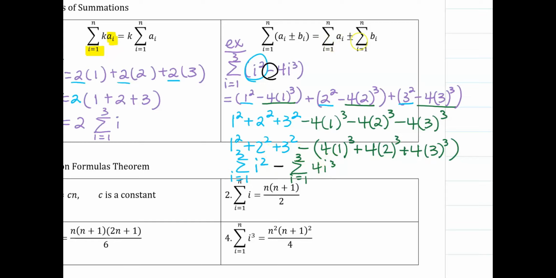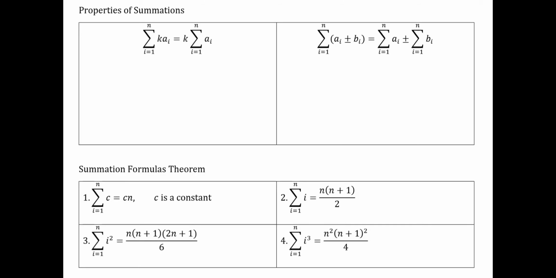And so we were able to break this apart into the difference of 2 separate summations. So if we had a plus sign here in the middle to start with, we would have had a plus sign here, but because we had a subtraction sign, we have a subtraction sign there. So if this is plus, that is plus, and vice versa. If that's minus, then that is also minus. So this property essentially says that we can break up a summation where the ith term of the summation is either a sum or a difference of two different terms.